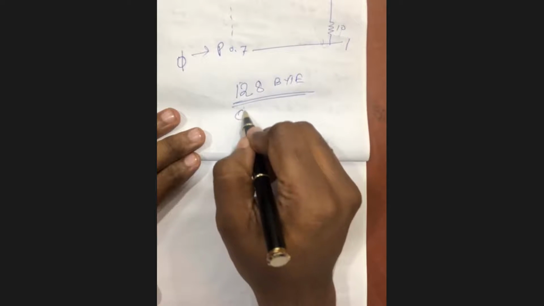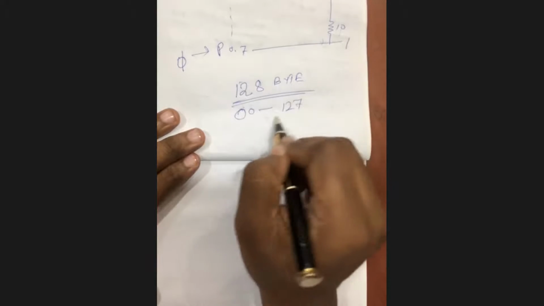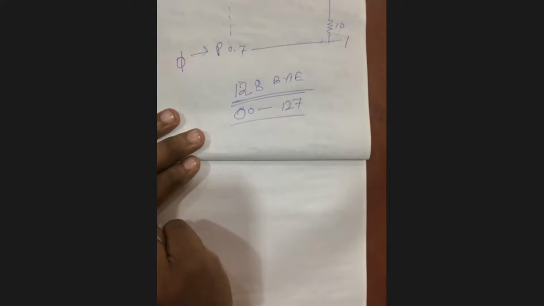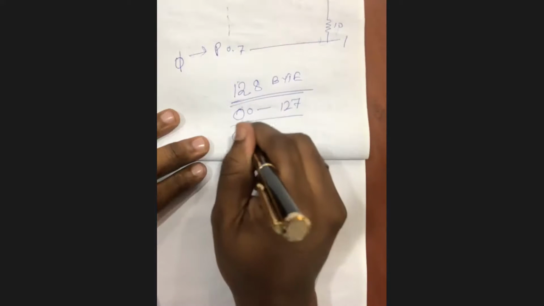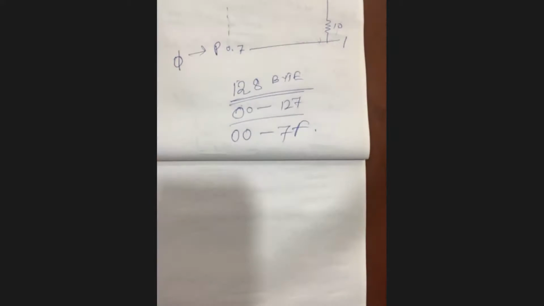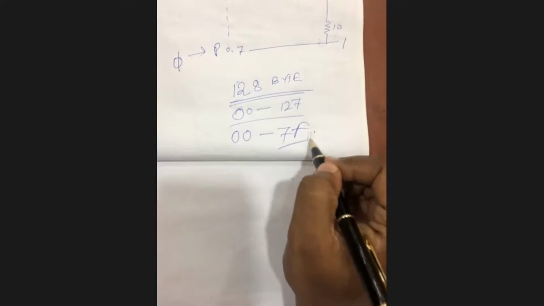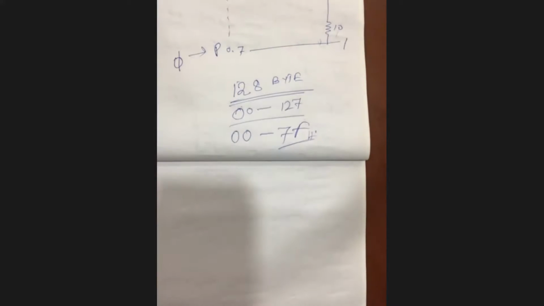Means I can say 0 to 127 memory locations. In hexadecimal, 0 to 7F memory locations. 127 converted into hexadecimal will be 7F.